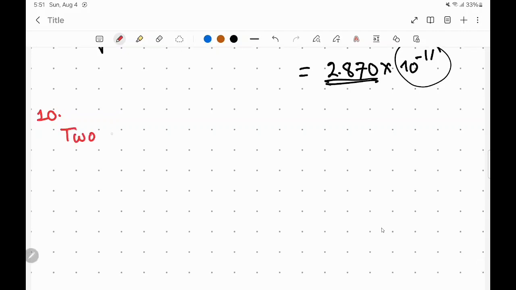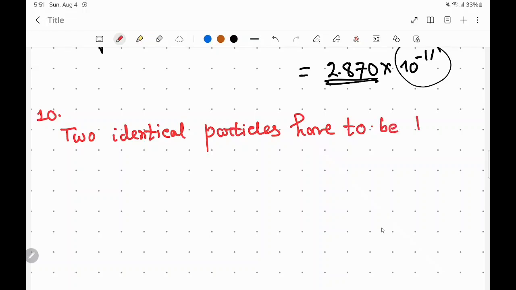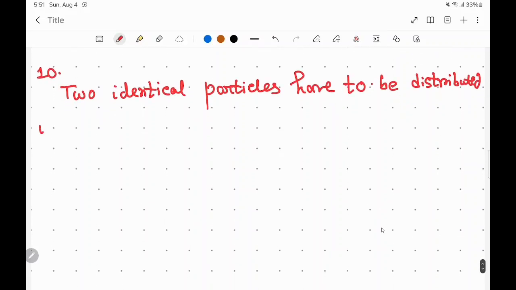Two identical particles have to be distributed in 3 energy levels.